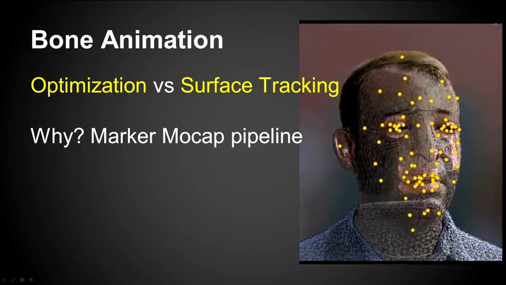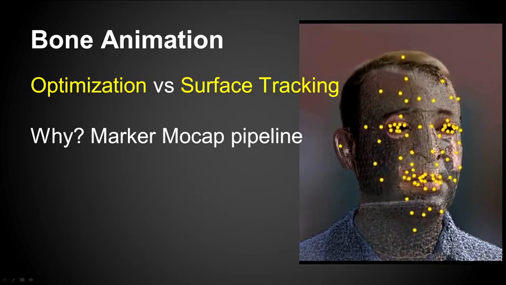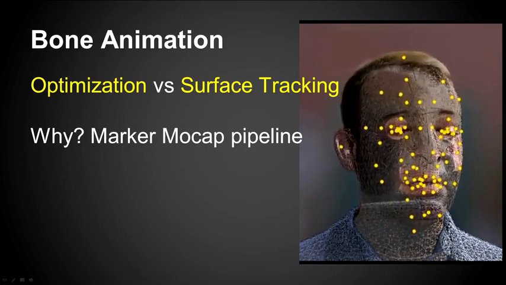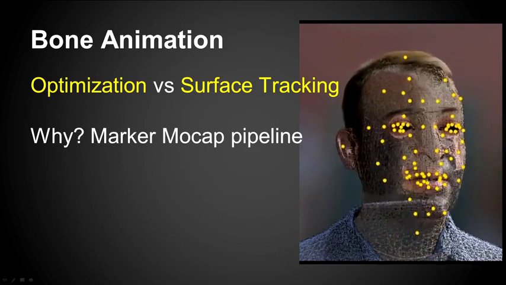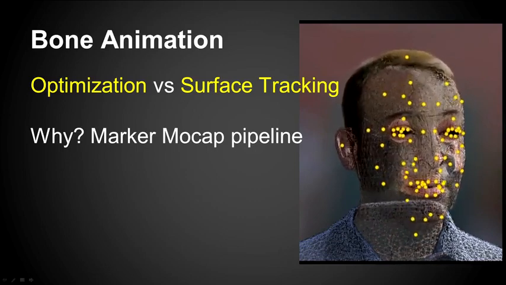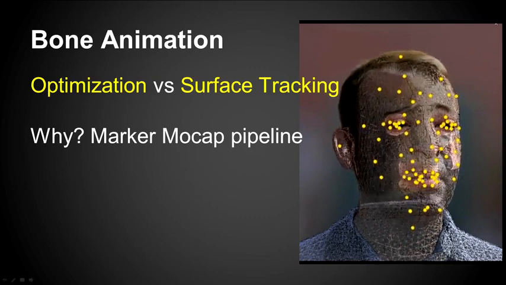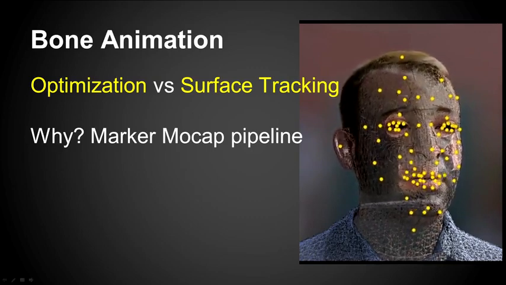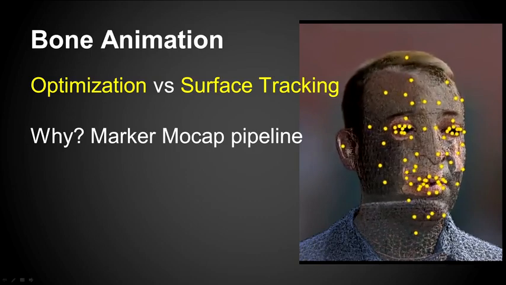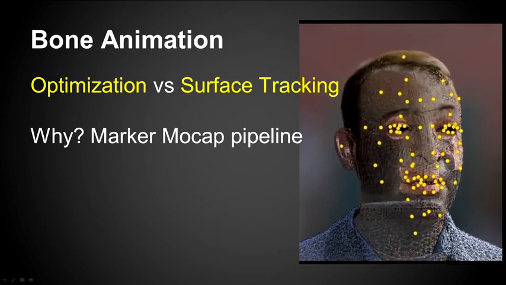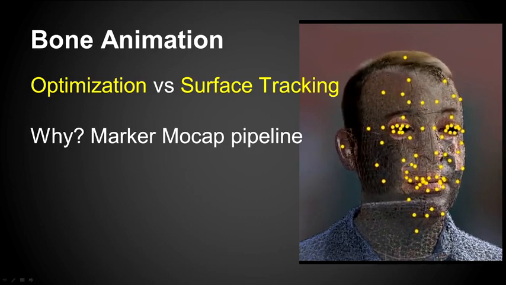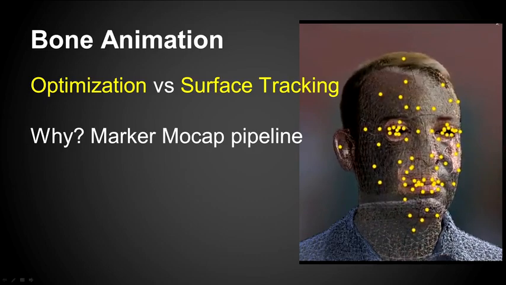So now what happens when you do this optimization versus the surface tracking? You can actually see on here that some of the bones look like they have a strange trajectory. This is basically because the solver decided that these bones would be better used as a little correction for the animation in some areas.